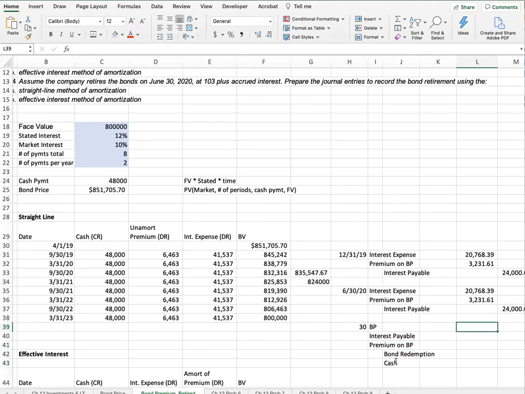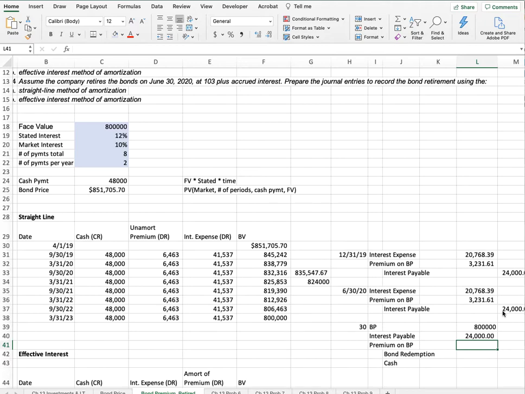So we have our bond payable, which is of course 800,000 or equal to the face value. And then our interest payable, we just calculated as $24,000.